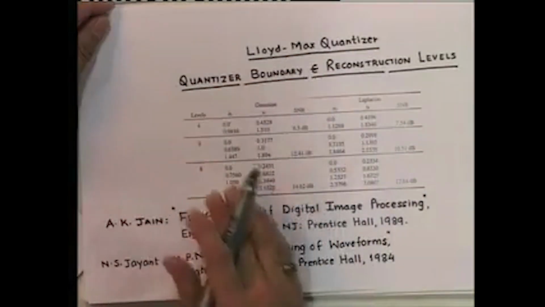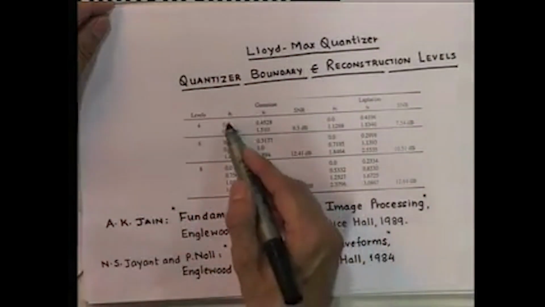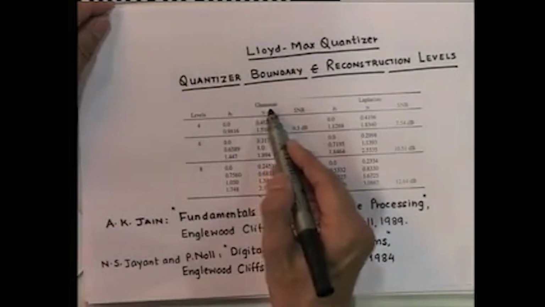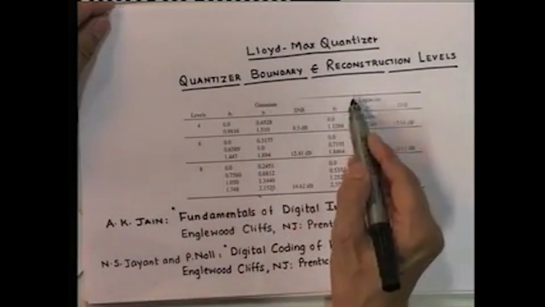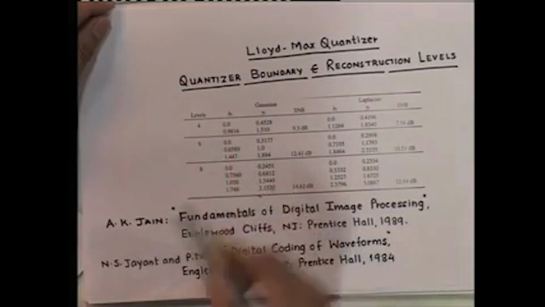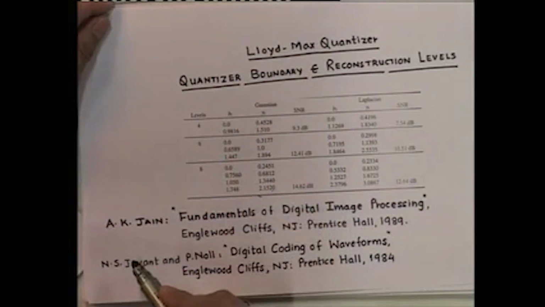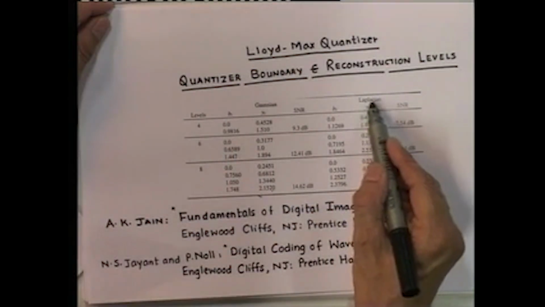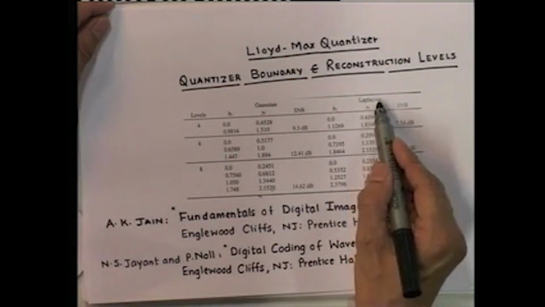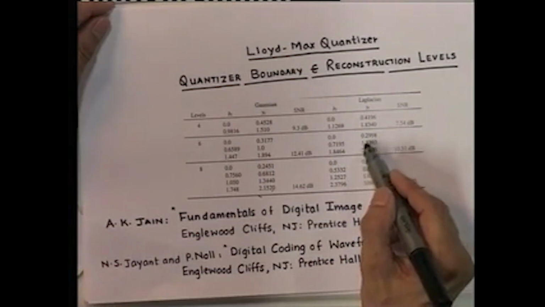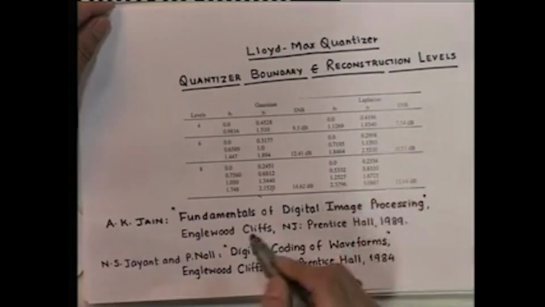This table shows the decision boundaries and the reconstruction levels for various probability density functions and number of levels generated using the procedure just discussed. Notice that the distributions that have heavier tails also have larger outer step sizes.